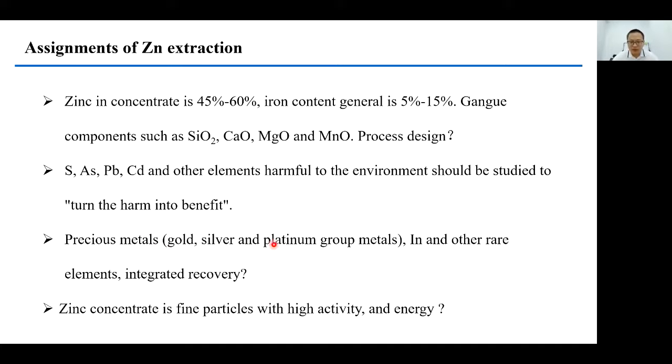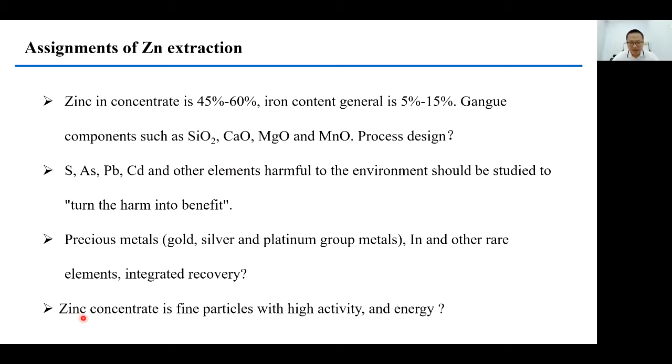And also platinum group metals and some scattered metals like germanium, indium. So they should also be recycled. So integrated recovery is needed in zinc extraction. And I have some examples today to show how to simultaneously recover those elements in one flow sheet.